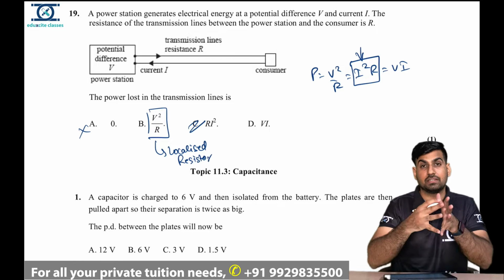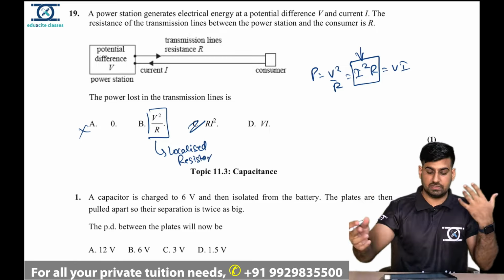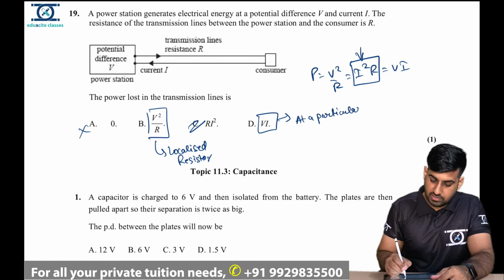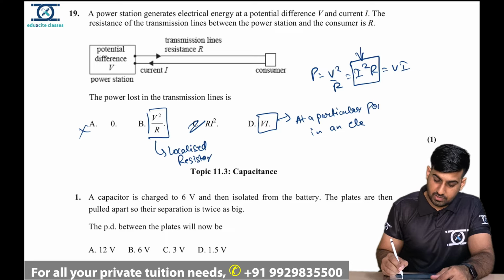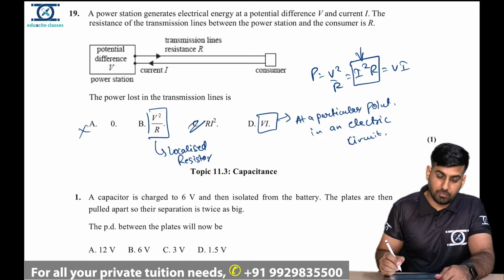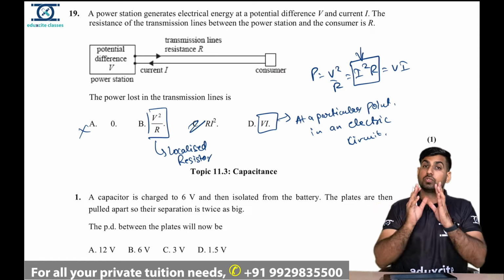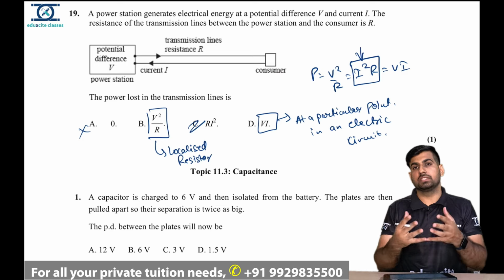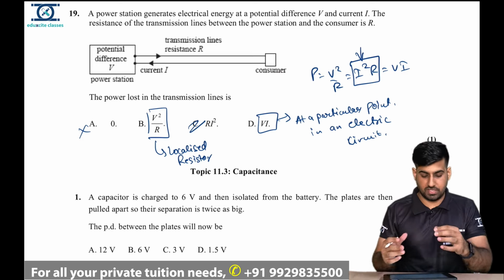Here it is a transmission line over a long distance, so we are using I square R. VI is used at a particular point, at a particular resistor in an electric circuit, at a specific location or at a specific resistor. But here it is a long transmission line, so we have to use I square R to find out the heat loss or the energy or the power loss during the transmission.